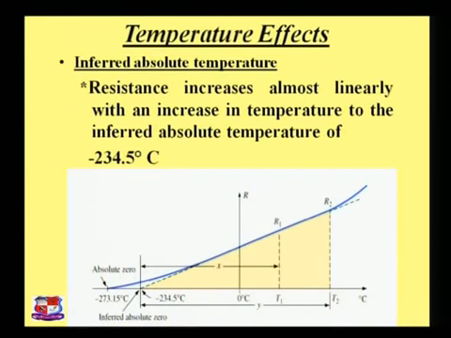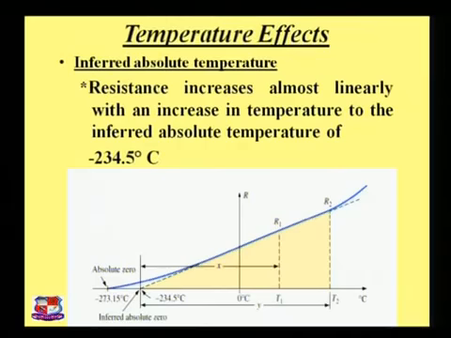See, there is an example which gives a brief idea about the inferred absolute temperature. The resistance increases almost linearly with an increase in temperature down to the inferred absolute temperature, that is minus 234.5 degrees Celsius. You can see here, beyond the inferred absolute temperature, there is an absolute zero temperature, so there is no linearity.